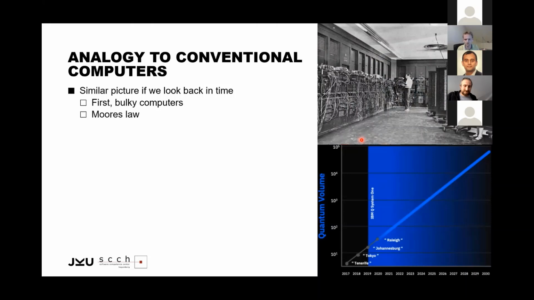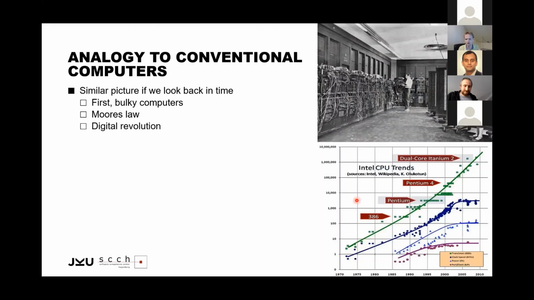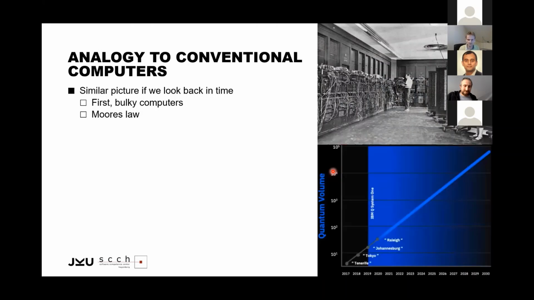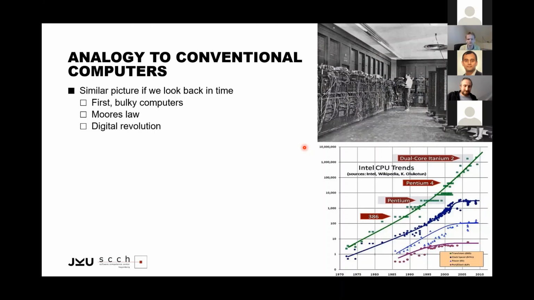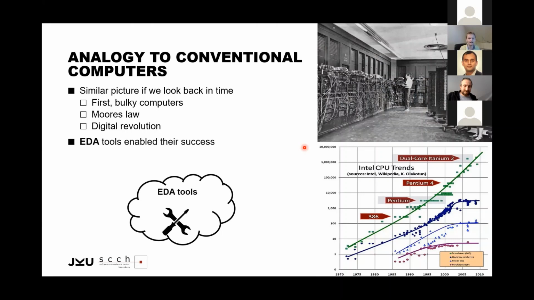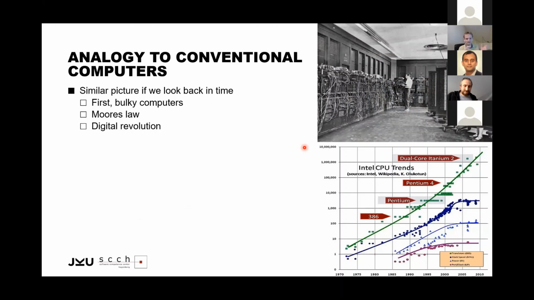And we all know Moore's law and the exponential development of the technology. We see a similar thing with quantum volume and the development of the number of qubits, as shown by this IBM announcement. Overall, it is interesting to see how the technology evolved.